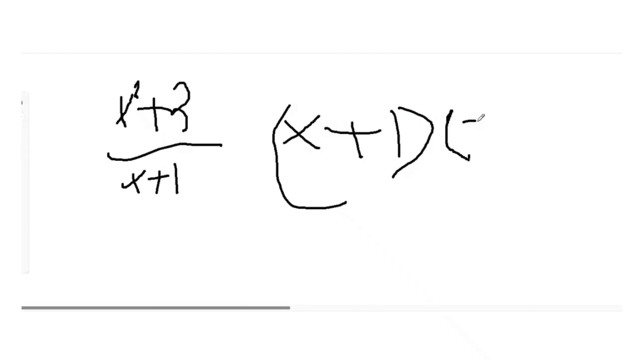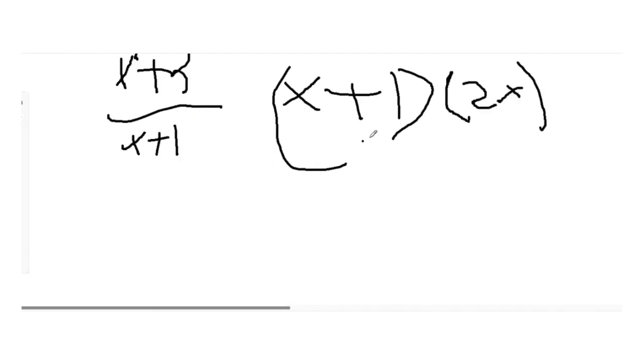u prime, which is 2x, because the derivative of x squared is 2x, and then the derivative of any constant is 0, so 2x plus 0. So when you multiply these, you get 2x cubed plus 2x.